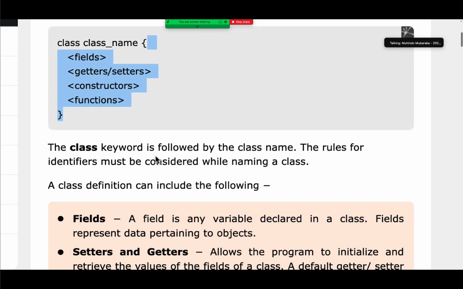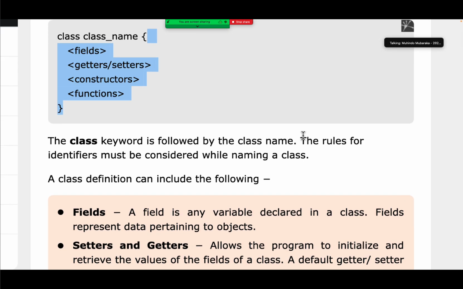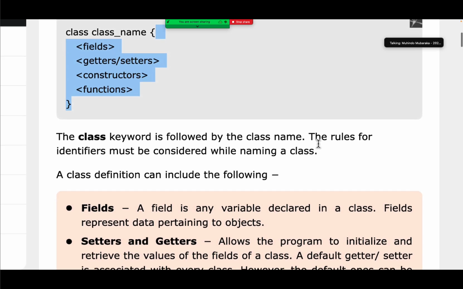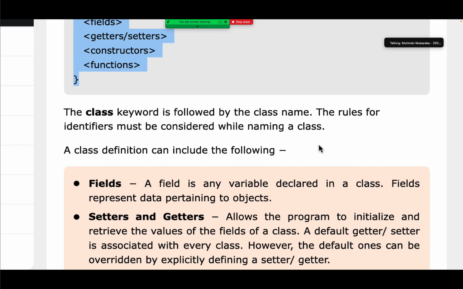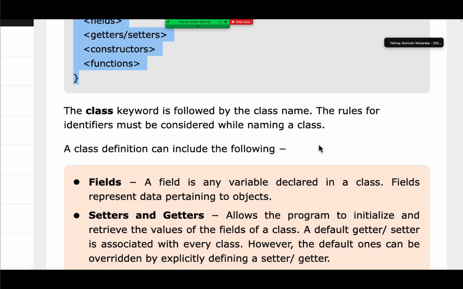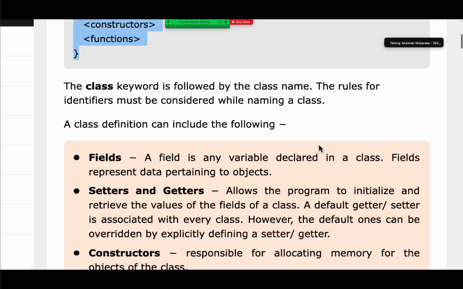The rules for identifiers must be considered when naming a class. You are not going to name a class that begins with a number, like 1person. There are some rules that you have to follow. A class name is also not going to have a space in it.